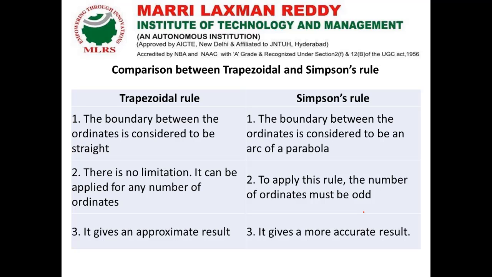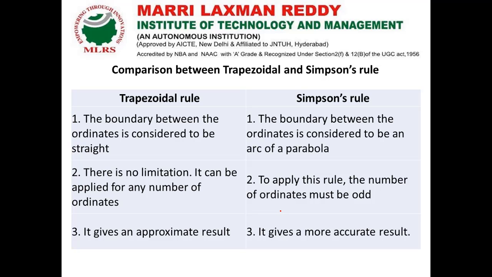So that is the limitation in Simpson's rule. And third, the trapezoidal rule gives an approximate result, but if we need accuracy in the result, then definitely we should go with Simpson's rule. So these are the comparisons between the trapezoidal and Simpson's rules.